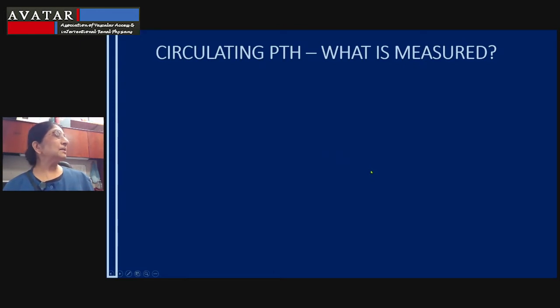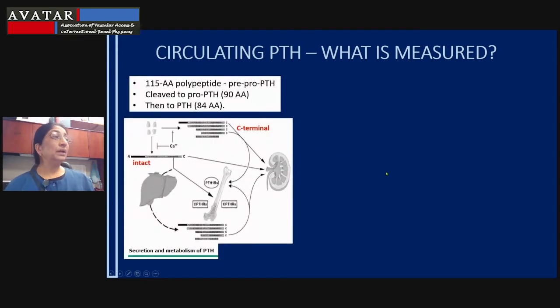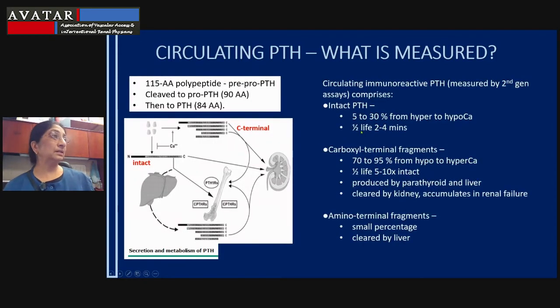Let's pause a minute and see what exactly we are measuring when we test circulating PTH levels. We know that circulating PTH consists of intact PTH, C-terminal PTH, and amino-terminal fragments. And of these, with progressive chronic kidney disease, we know that the fraction of intact PTH increases over the spectrum of worsening chronic kidney disease.